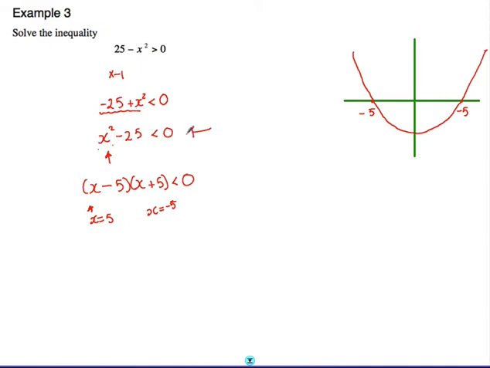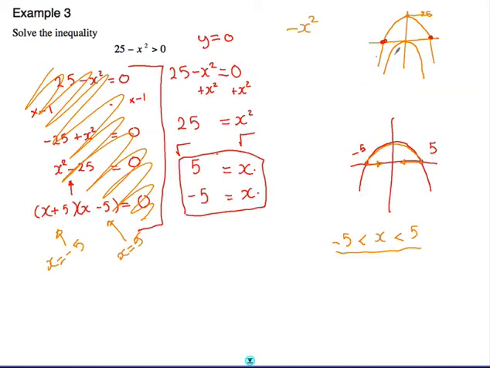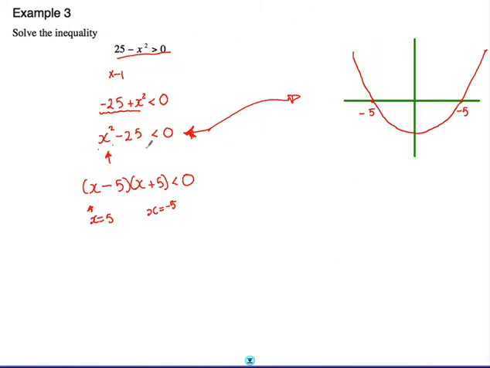Remember, we're going to be looking at this now, because this is what we sketched. This is the sketch of that. This here, 25 minus x squared, is the sketch of this graph, which is upside down. So we're going to be talking about it when it's less than 0, and that is between, so x is between, sorry, that's supposed to be a positive 5, so x is between 5 and minus 5.